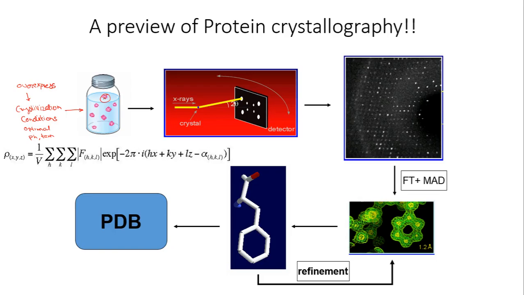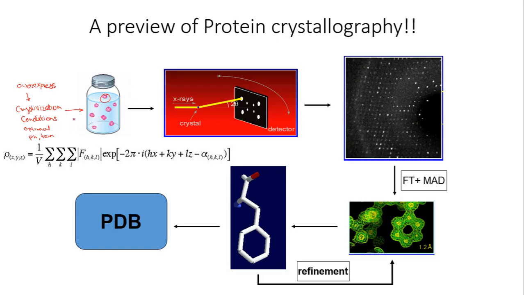That is what we do in crystallization. When you figure out, okay, this is the concentration of my protein that I would require, this is the optimal pH, this is the optimal temperature, these are some other factors that I have figured out. These are the conditions at which my protein will get crystallized.